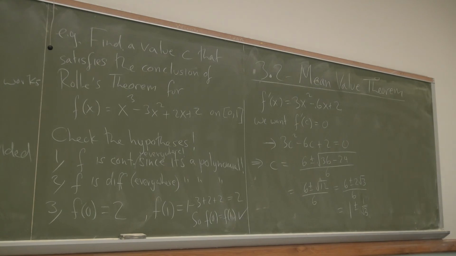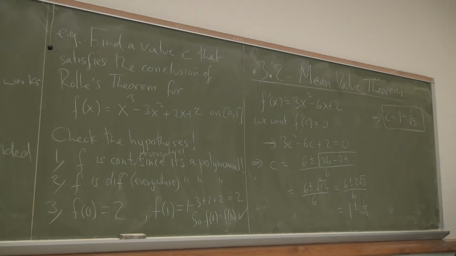Now what can you tell me about that? Radical 3 over 3 is equal to 1 over radical 3. Yes? Okay, so what's the C value? This means C is 1 minus 1 over radical 3.